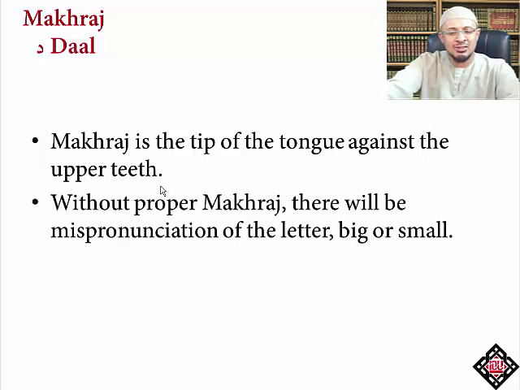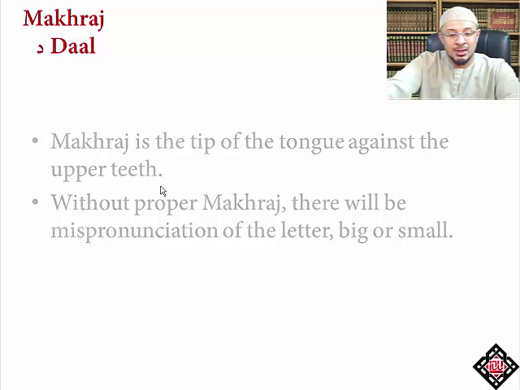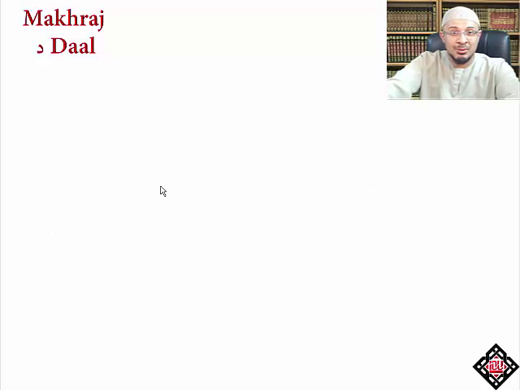Without the proper makhraj, there can be either a big or small deviation from the true pronunciation. That's important. And that's why, for example, in English, the dal is pronounced harder.